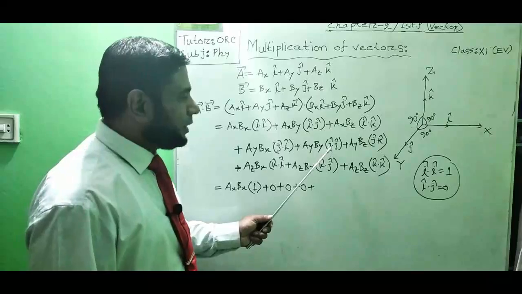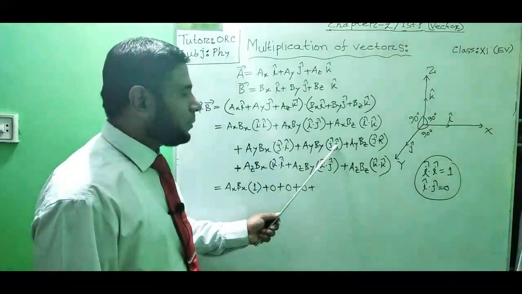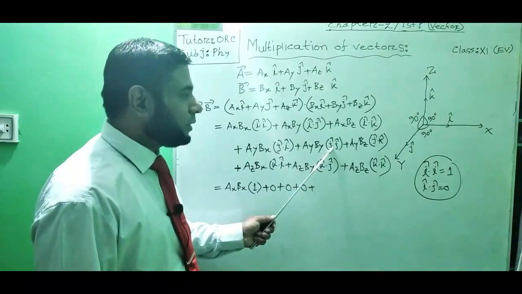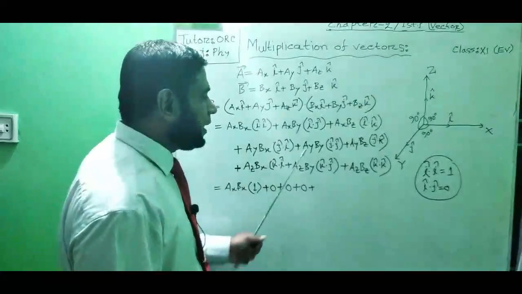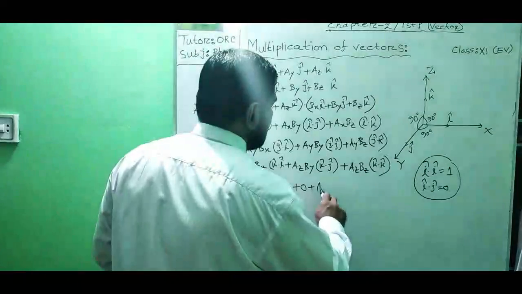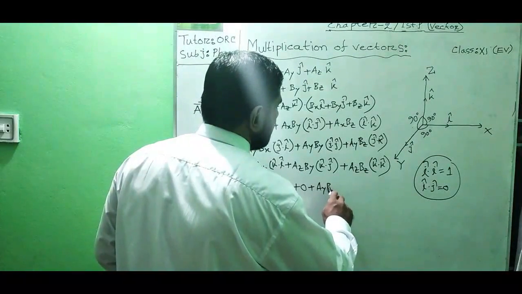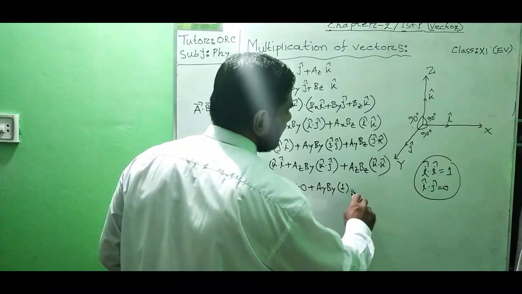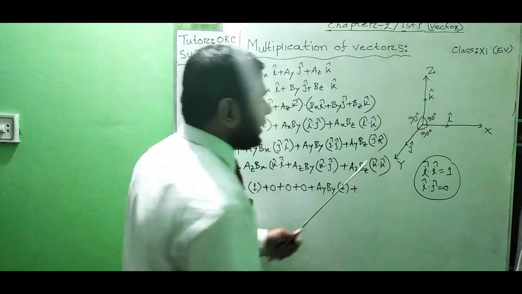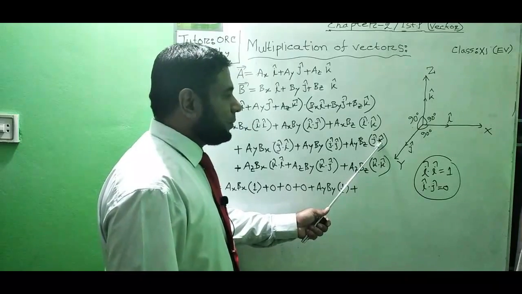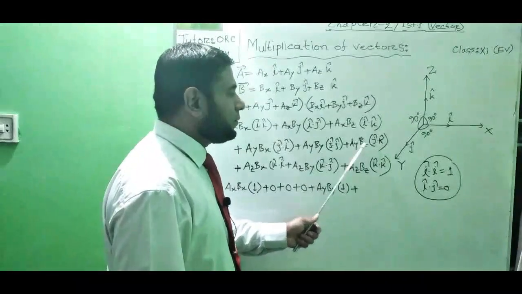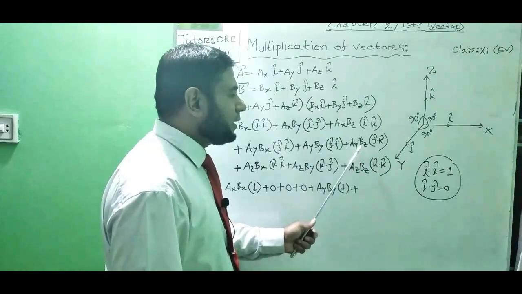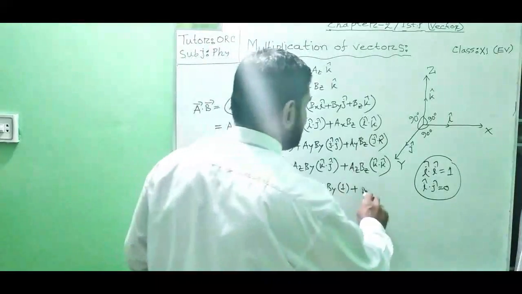Here are two same vectors, ĵ·ĵ, so here the value will not be 0. Here the value will be 1. So we have to write this value here: aᵧbᵧ and the value will be 1. Plus again here ĵ·k̂, so the value will be 0. The full multiplication will be 0. As a result, this full term will be 0.